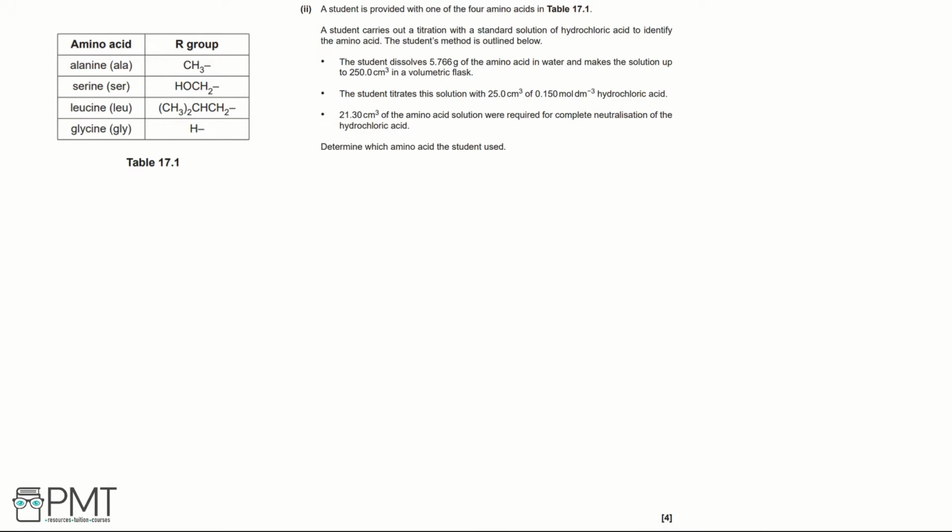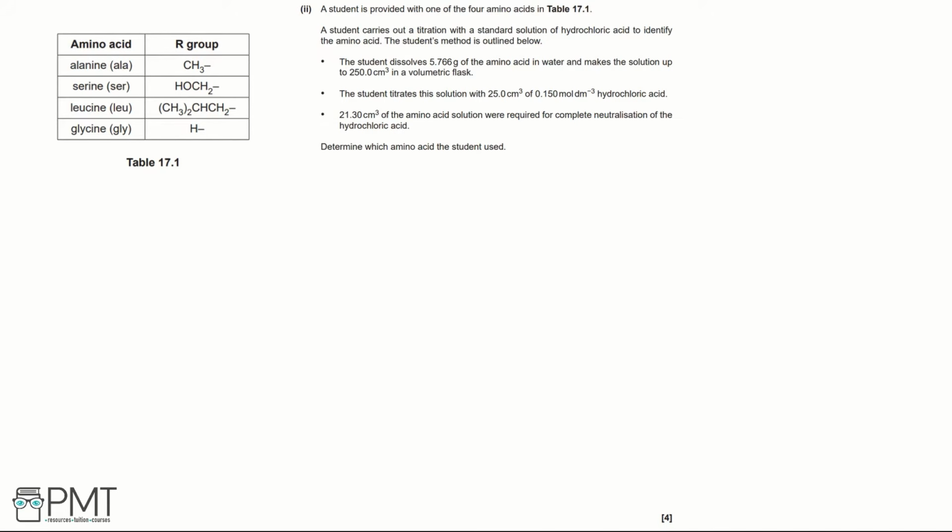Part 2. The student titrates this solution with 25.0 centimeters cubed of 0.150 moles per decimeter cubed of hydrochloric acid. Then part 3. 21.30 centimeters cubed of the amino acid solution were required for complete neutralization of the hydrochloric acid. Determine which amino acid the student used.